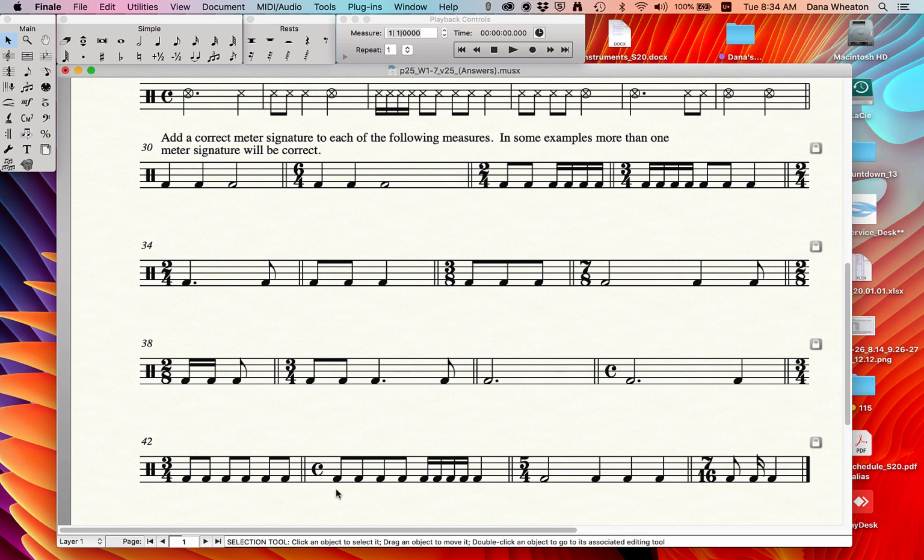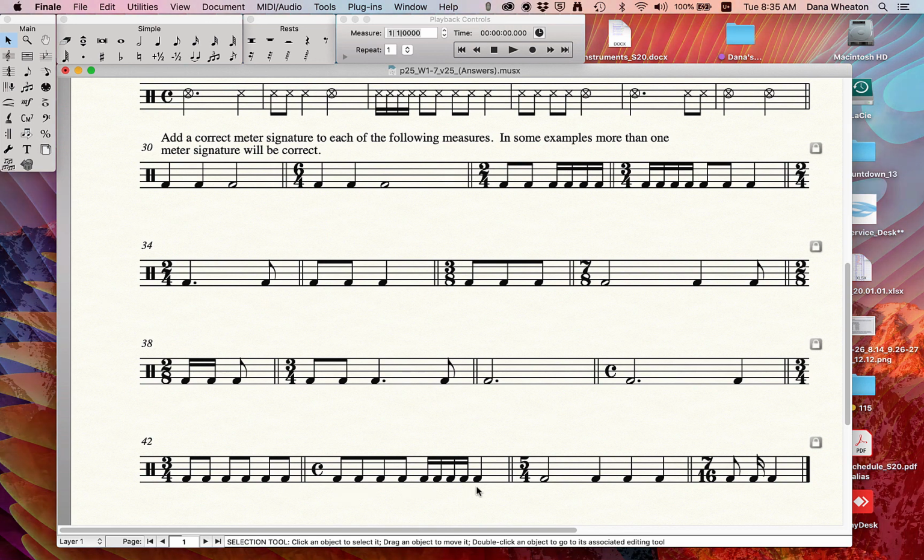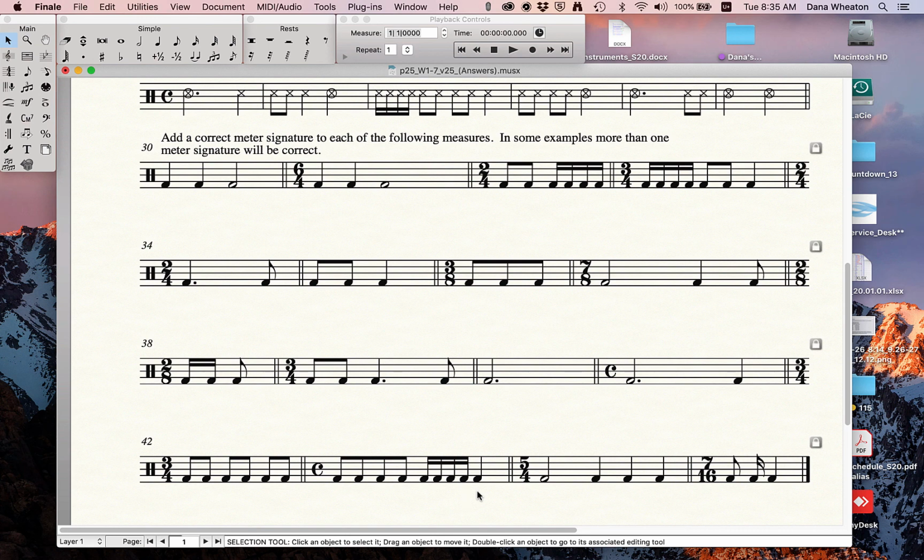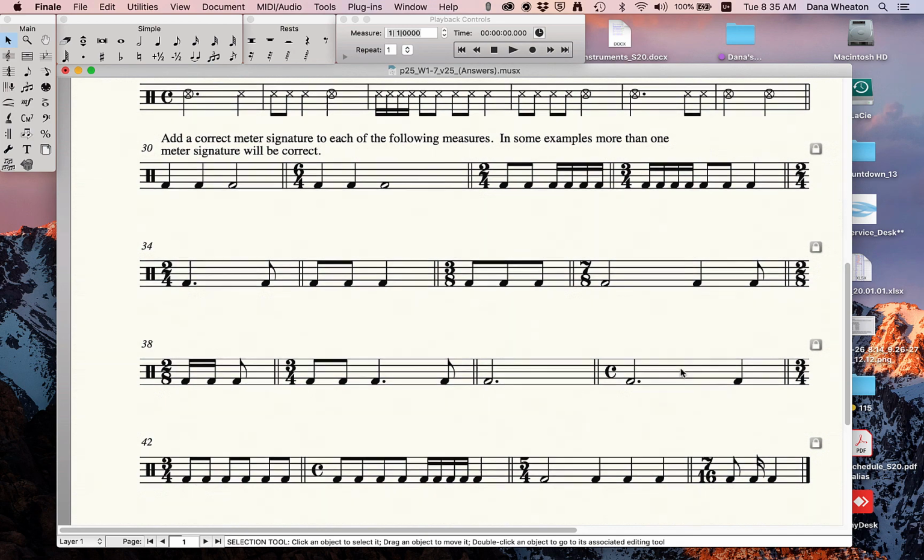Here we've got 4 eighth notes, 4 sixteenths, quarter, all that adds up to 4 beats. Here we've got 2 beats and 3 more, so there's 5, and here's the toughest of the bunch at the end. 7/16, it means the 16th gets the beat. There are 2 sixteenths in the eighth, 1 there, so that's 3 sixteenths, 4 sixteenths there, so 7/16 is the answer.